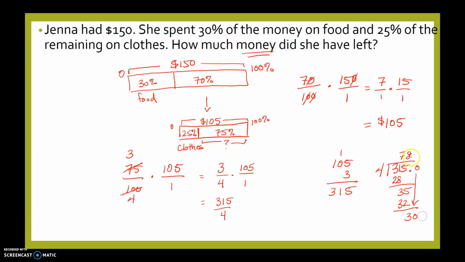Bring down a 0. 7 times 4 is 28. We're going to bring down another 0. And we get 78.75. So the amount that Jenna had left was $78.75.